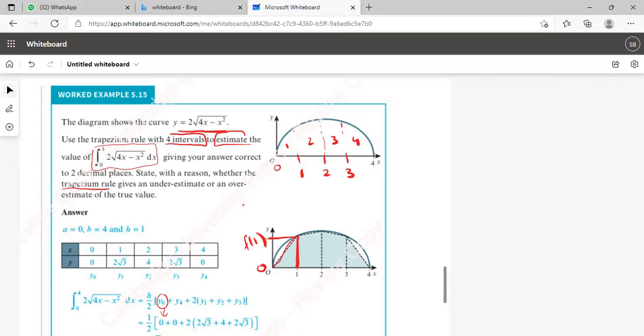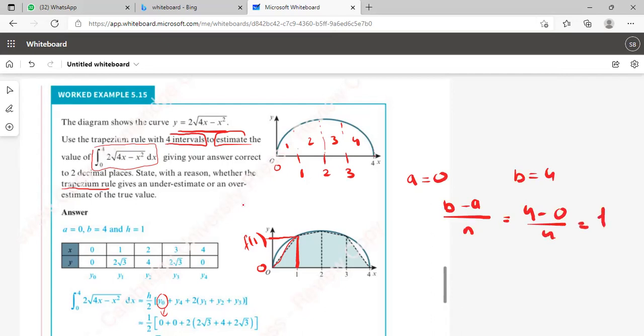Step number 2 is to know your x's. The final x is 4, the initial one is 0. So a is 0, this is x0, and b is 4, this is the final x, and b minus a divided by n, that is 4 minus 0 divided by 4, is 1.